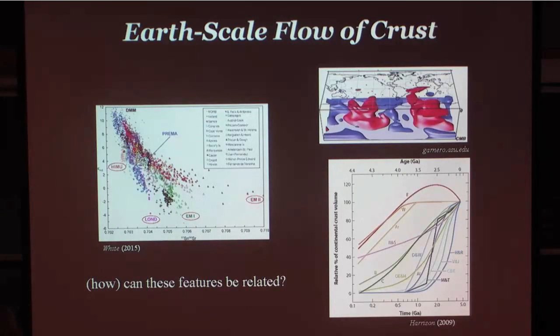And I found it particularly interesting, at least to learn, that although there is mixing between some of these individual end members and the prevalent mantle composition, there isn't melting between these end members. And obviously that's telling us something extremely important. I haven't a clue what that is, but it's pretty remarkable. So I'm interested in how these features can possibly be related.